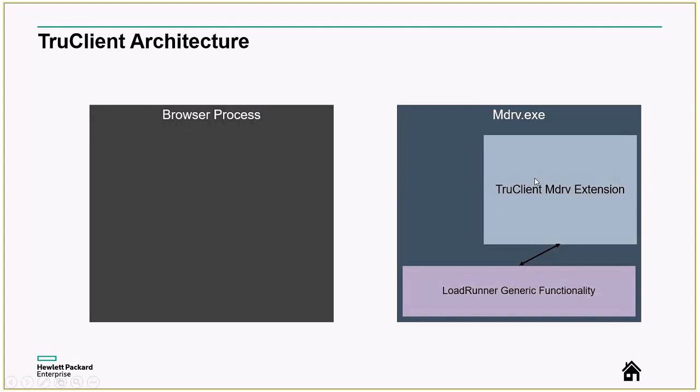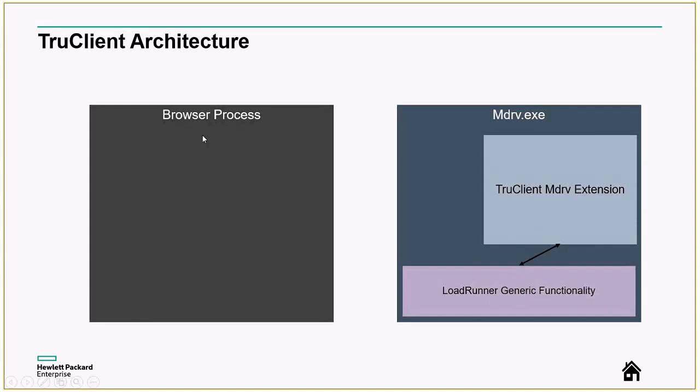In addition, unlike other protocols, TruClient has the browser process. The browser process, as you can see, is a different one from the MDRV process. Most of the protocols, I think maybe all of them, run inside the MDRV process context, which means that there is one process which actually executes the script as well as doing all the other stuff that I just mentioned.